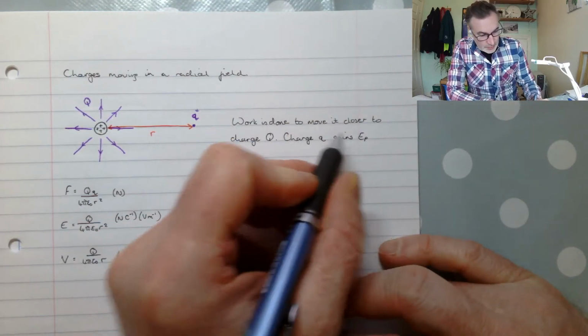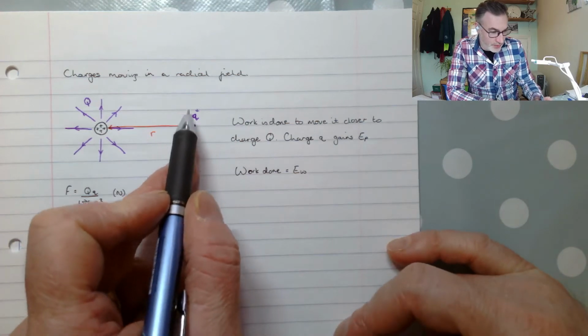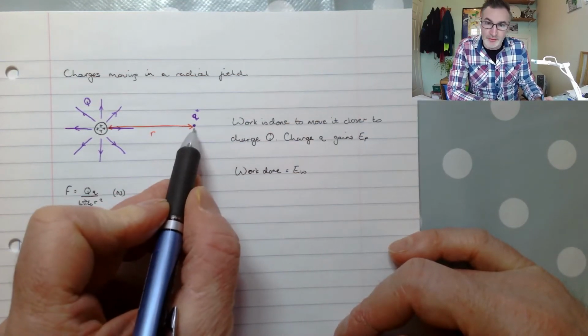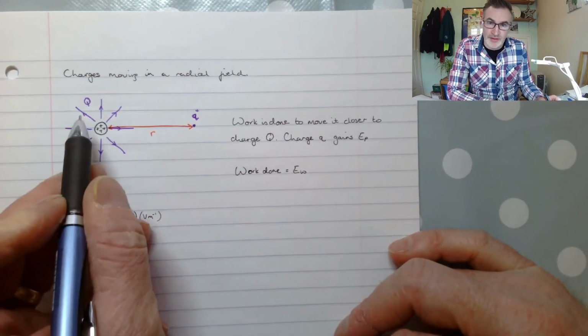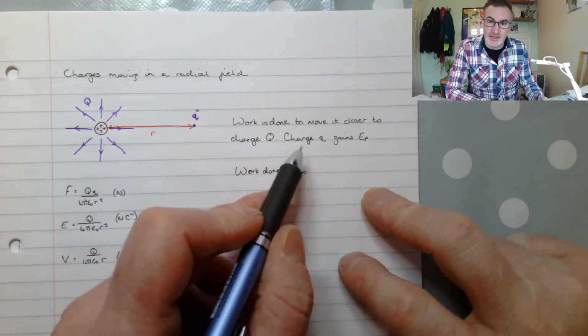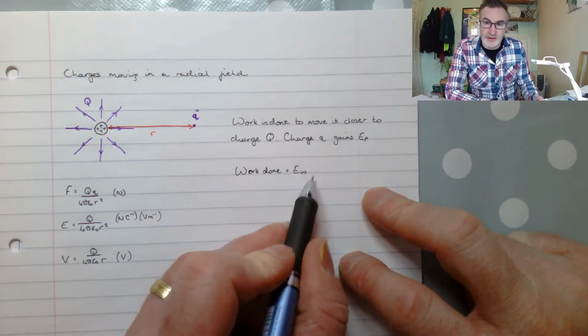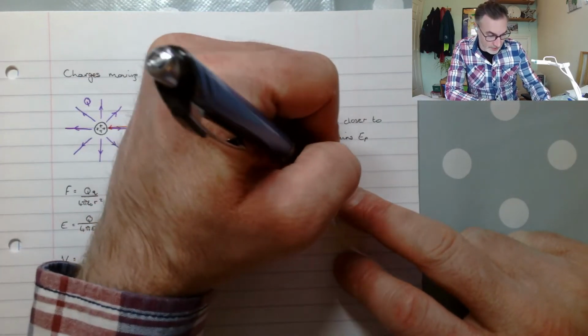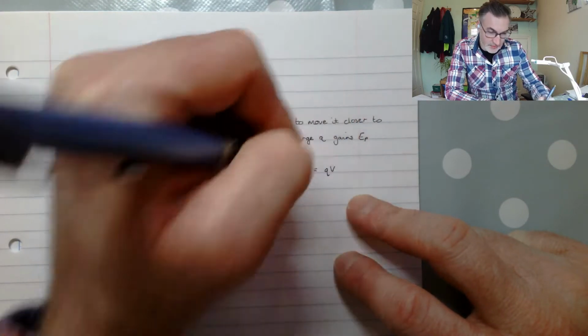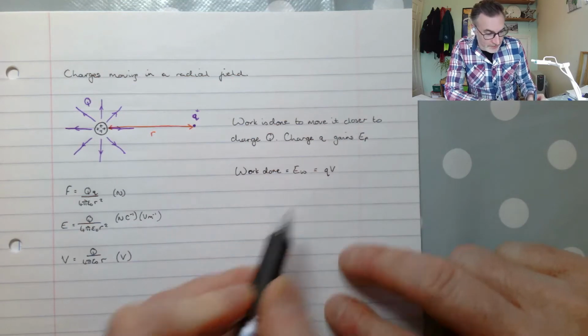Okay, so as you move it there, you're going to be doing work on it, but it's all the time gaining EP. So if we bring it to a point r meters away from big Q in the field and just hold it there, then it will have gained potential energy. Now the work that you've done will be equal to EW, which is QV. That's a better Q. So QV.